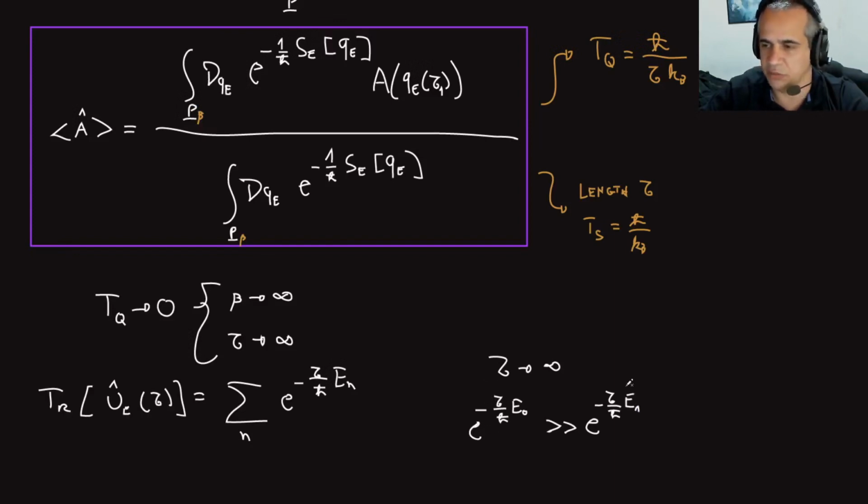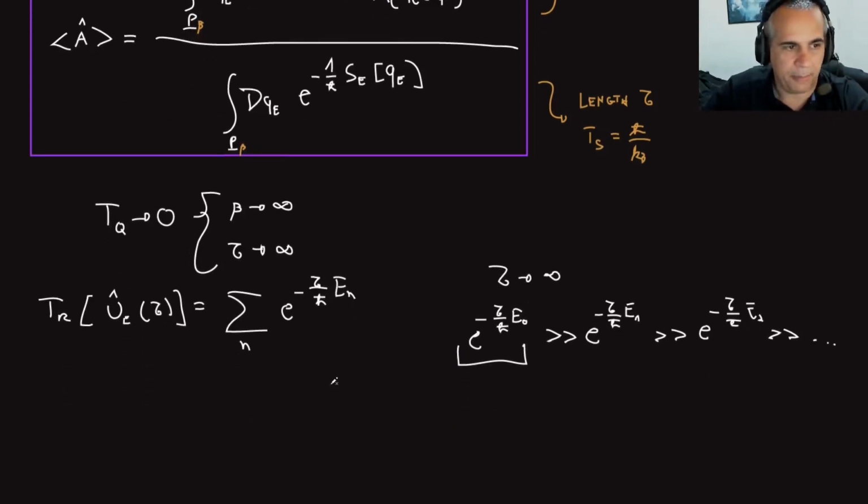That means that those exponentials are all going to 0, but this one goes faster than this one, much faster, because now I'm taking E1 that is bigger than E0 and multiplying by a big number. That's true also for the second excited state and so on. So the whole sum here is dominated by its first term. All the others I can forget.